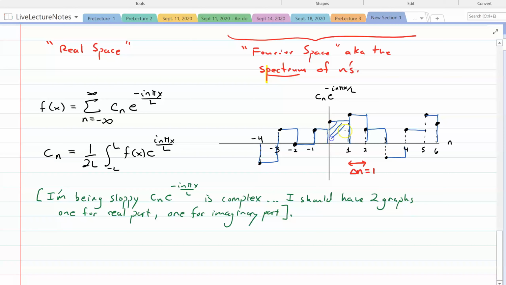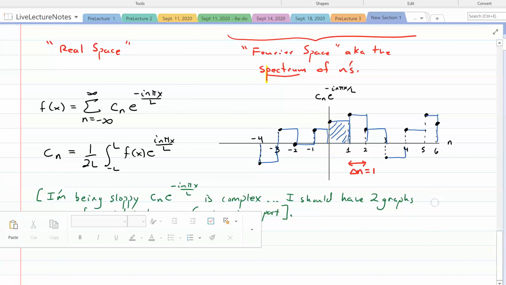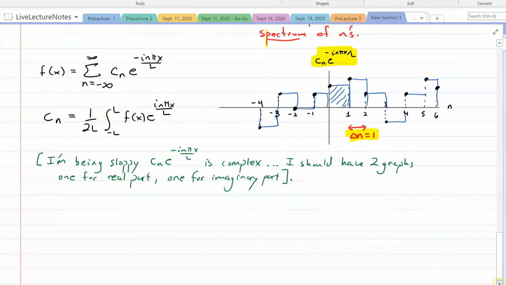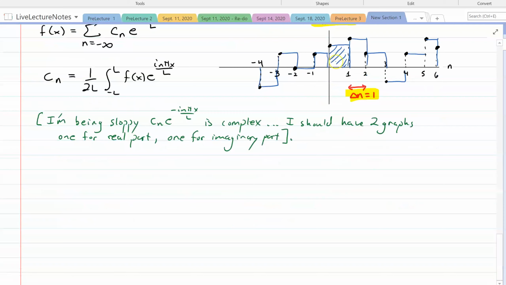For example, what's the area of this rectangle? The area of that rectangle is the base times the height. And the base is 1, because you notice the spacing between those is always 1. And the height is c_n e to the minus i n pi x over L. So let's call this rectangle 1, and this rectangle 2, and this rectangle 3, and so on. What's the area of each of those?